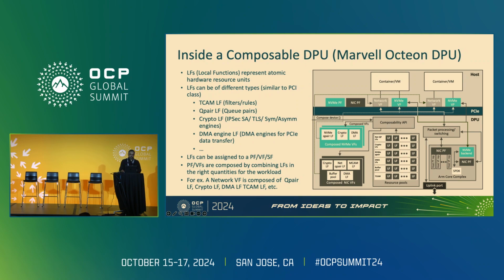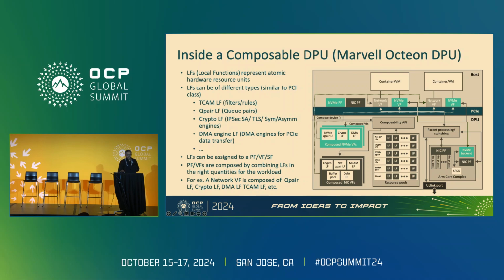We call them local functions, because every other name is taken, obviously. These local functions are similar to PCI class devices. You can have TCAM filter local function, QPair local function, crypto local function, DMA engine local function, and such.